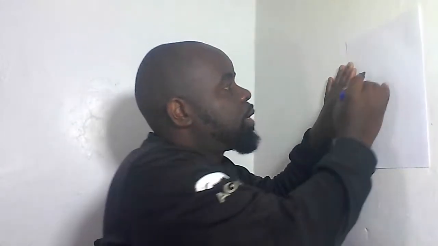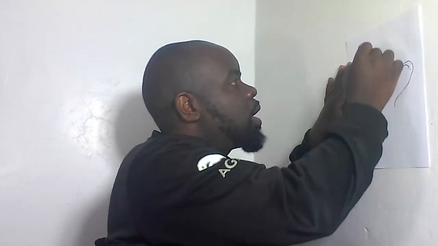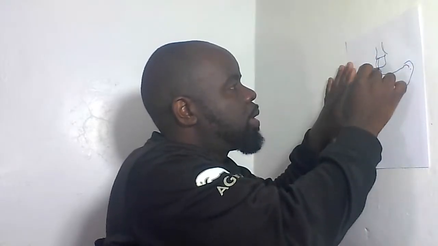The bones of your hip joint. See, the hip joint is like this. The pelvic region. And then we have the bones here.